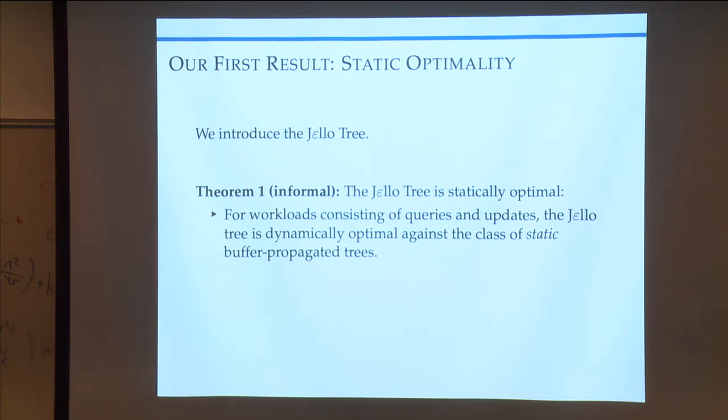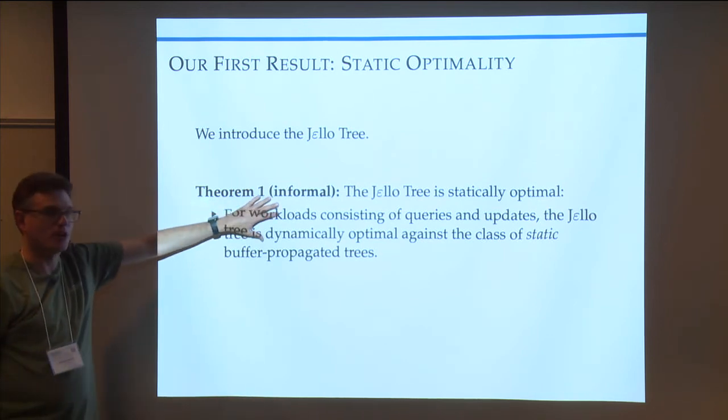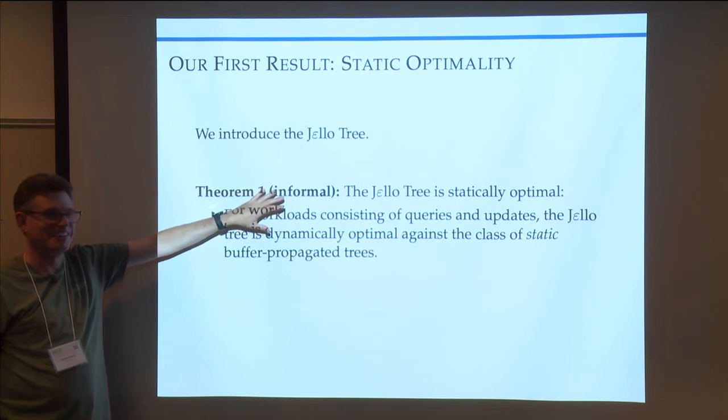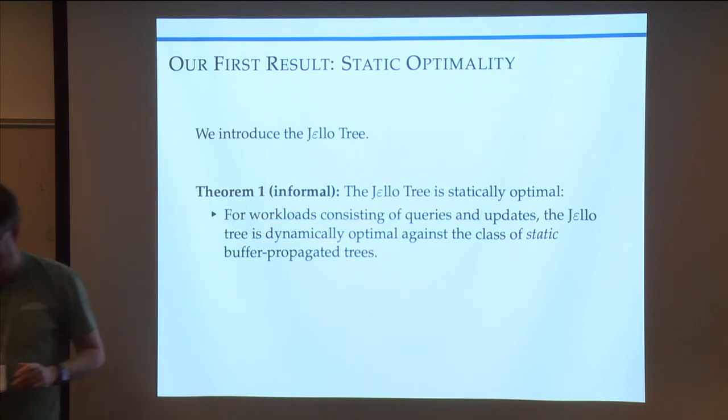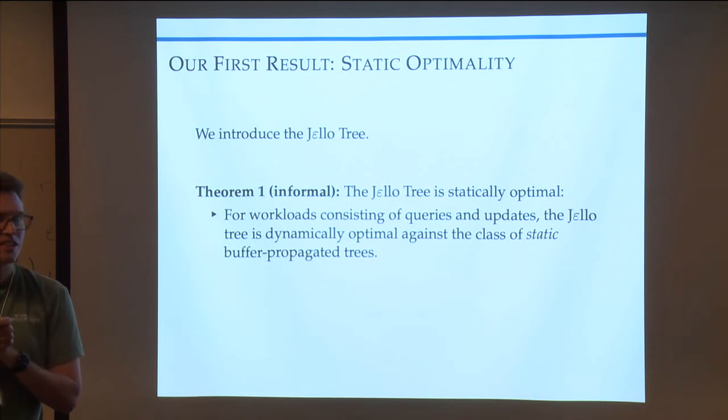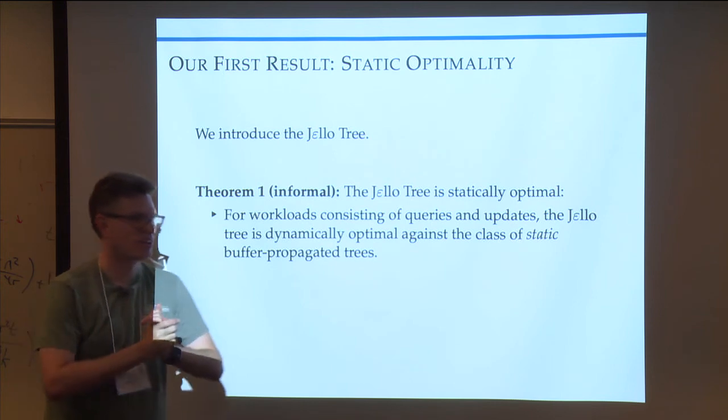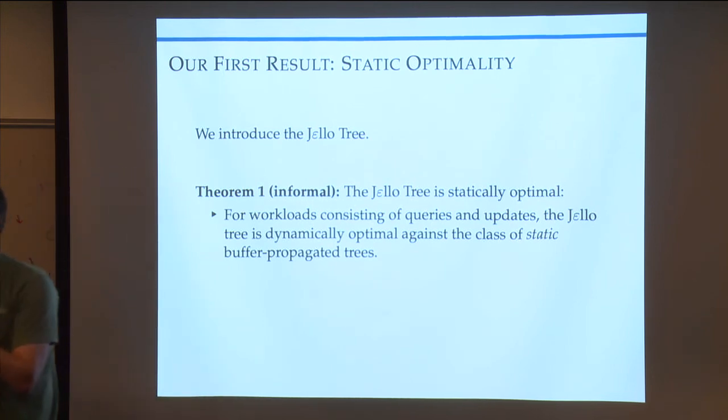I didn't understand. What does it mean to be static? A static buffer propagated tree? Should I say it? Do you want to say it this time? Go for it. A static buffer propagated tree doesn't get to change its buffer, its fan out, it doesn't get to change the pivots. Right. At the beginning of time, you hand it the set, because we're only doing updates.